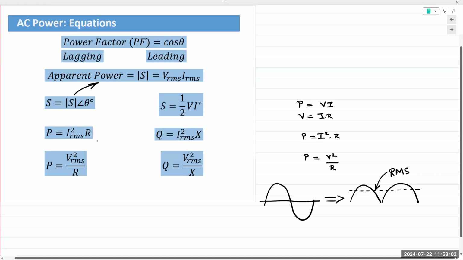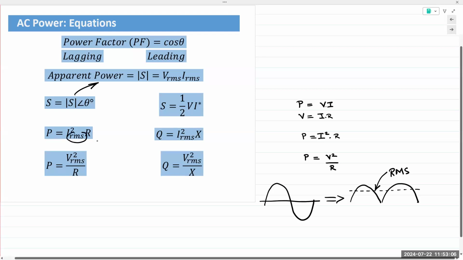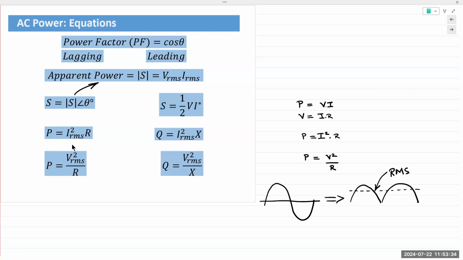So mathematically, when we write out the expressions for P and Q, we use the RMS values for the current and for the voltage. So for an AC system, the average power associated with the resistor is I RMS squared times R, or V RMS squared over R. The structure of the equation does not change. Only the quantities you are using change.